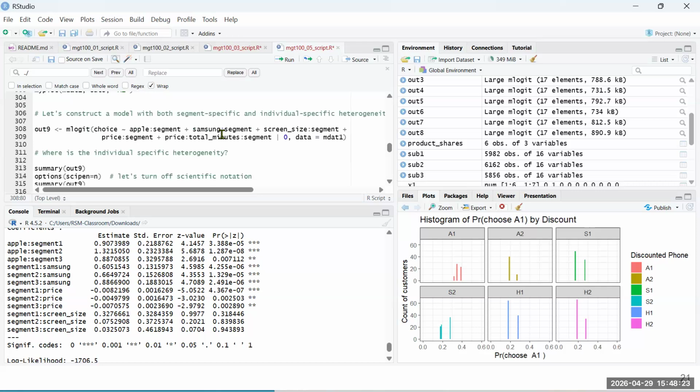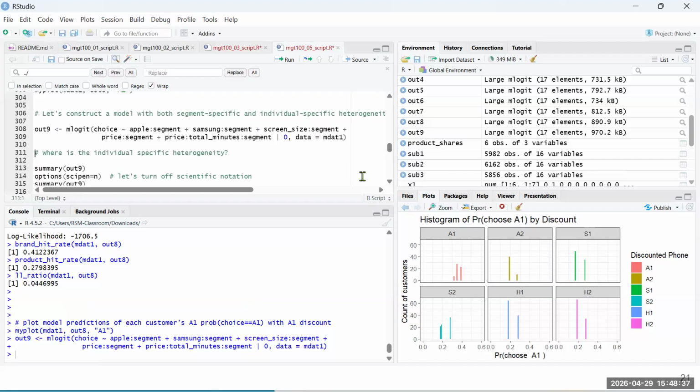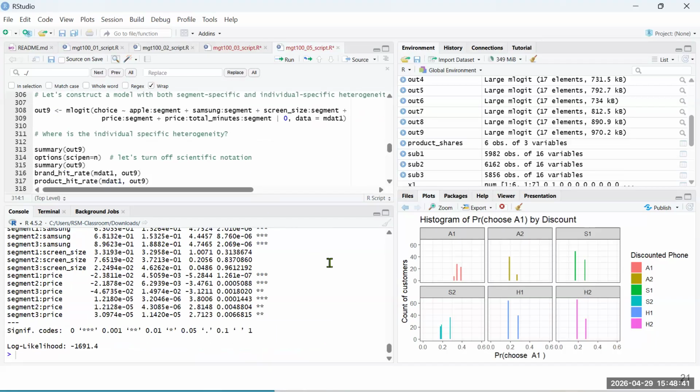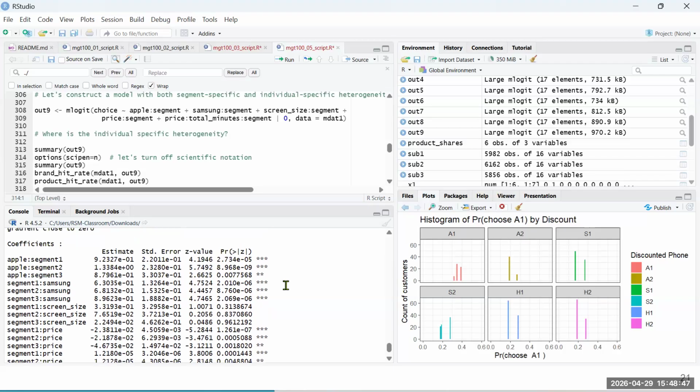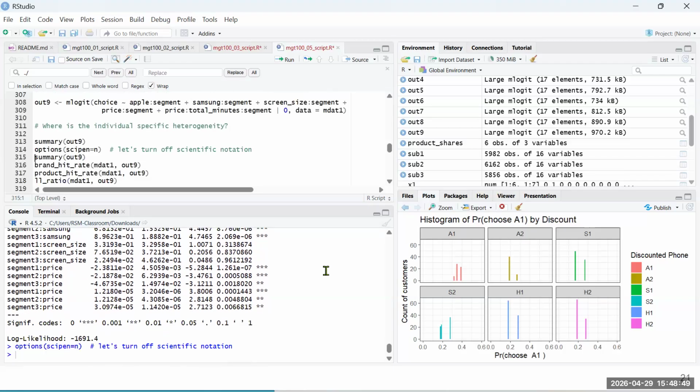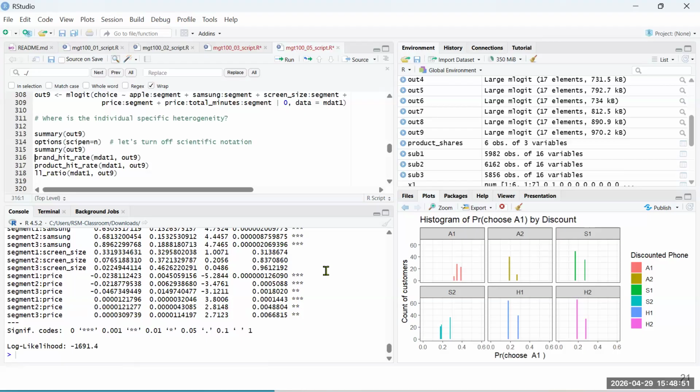And finally, with our next model, we're going to include an interaction between customer segment and customer minutes of usage. So this will be the first time we combine our two approaches to incorporate customer heterogeneity. And we're starting to get a lot of parameters, so they're not always going to be super easy to interpret.